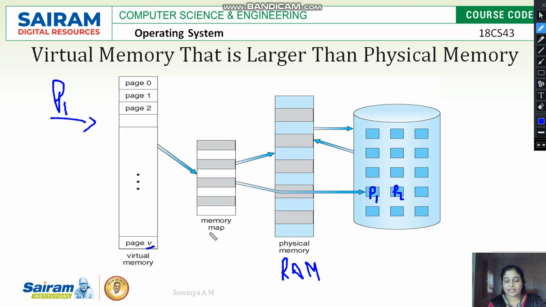There is a memory map, like the page table we had, so a memory mapping unit or memory management unit will work in between. It will get the page numbers. If the page is present, then the page table acts as the memory map and finds the frame number in the physical memory. If not, the memory management unit will go to secondary storage, get the frame, store it in the physical memory, and then it will be accessed by the CPU.